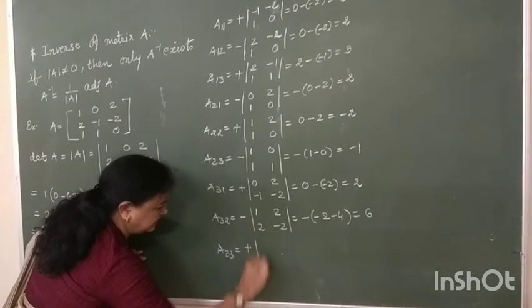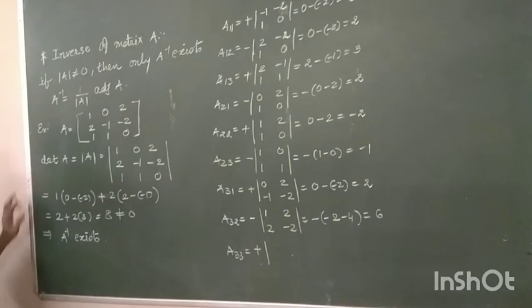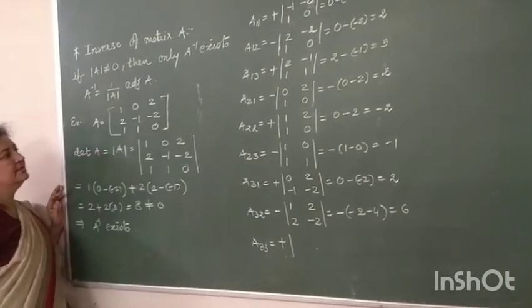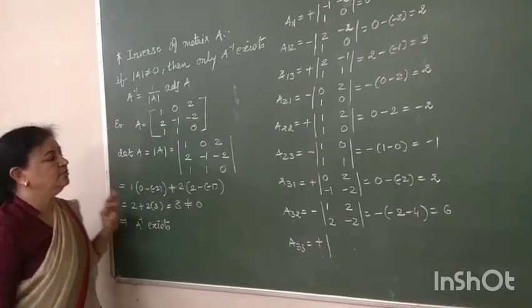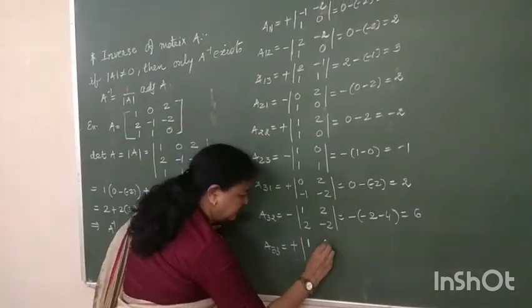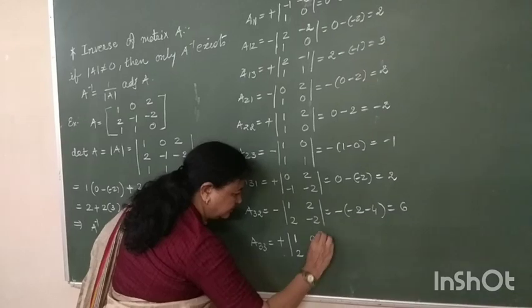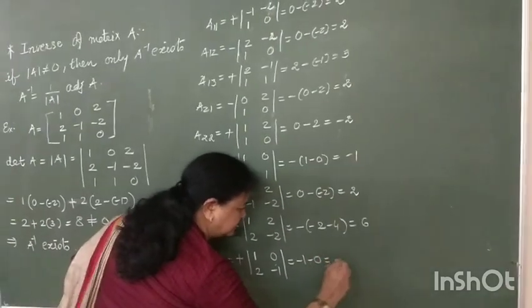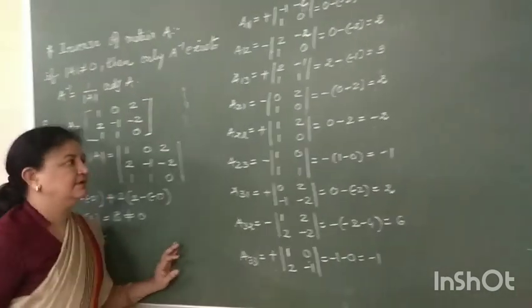A33, finally it is plus, third row third column removed, so 1 0, 2 minus 1, so minus 1 minus 0, it is minus 1.